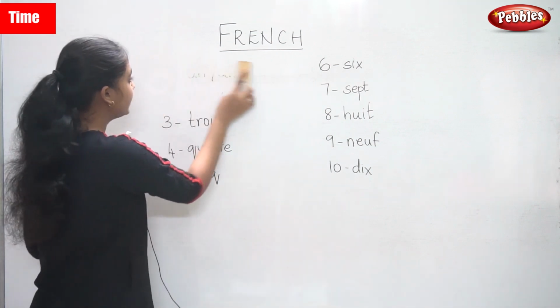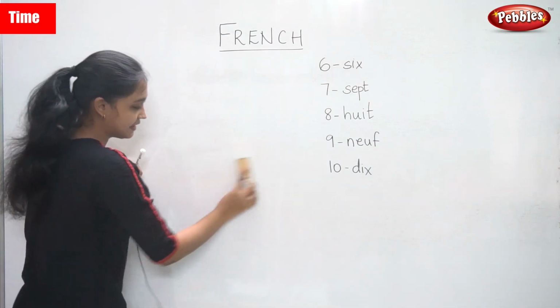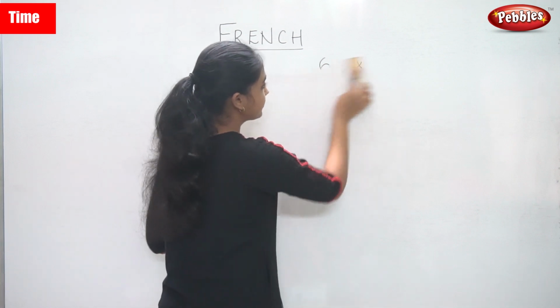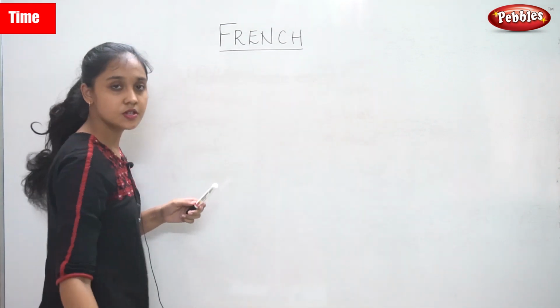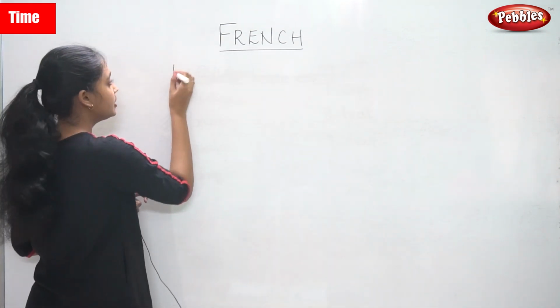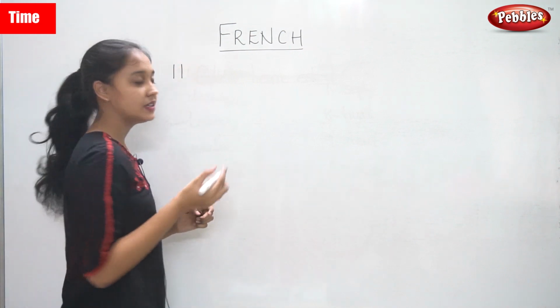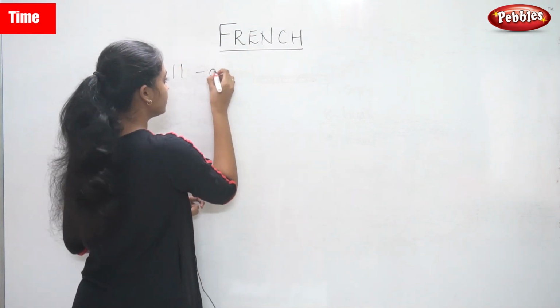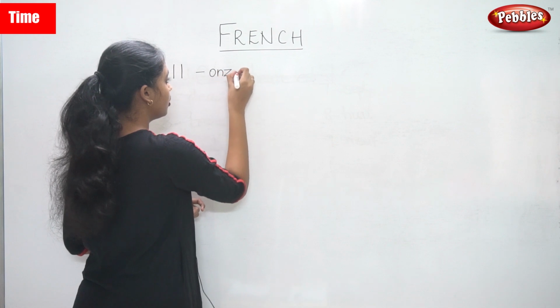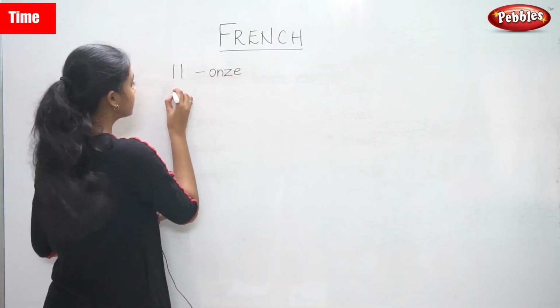Next, we need to write numbers from 11 to 20. So do you remember what do we say for 11? Onze.